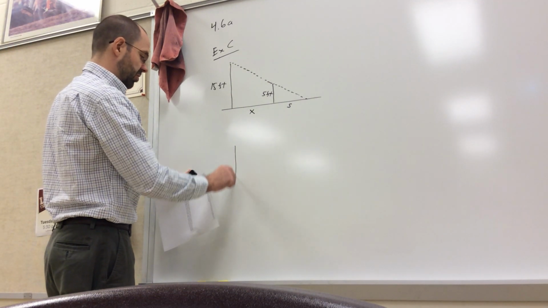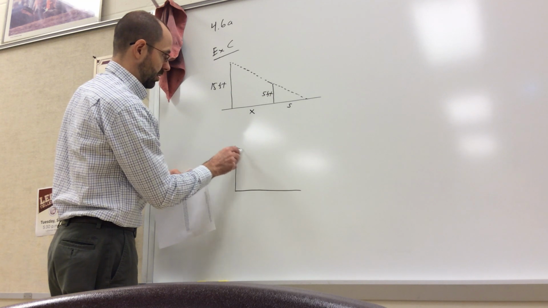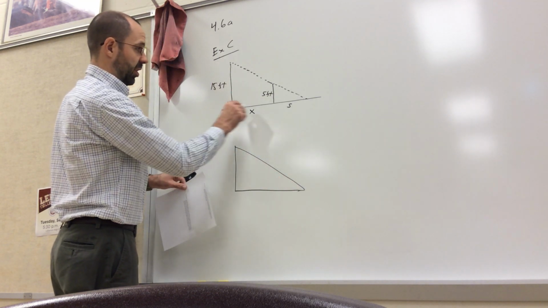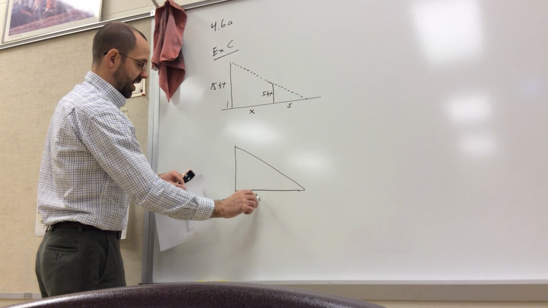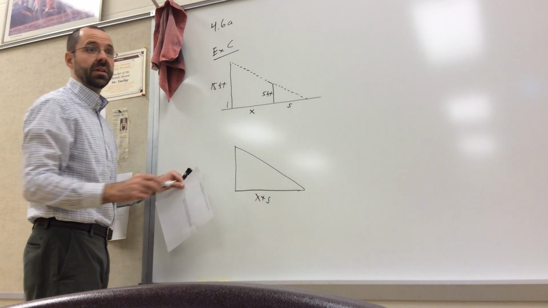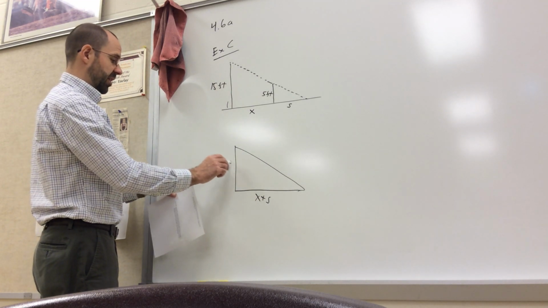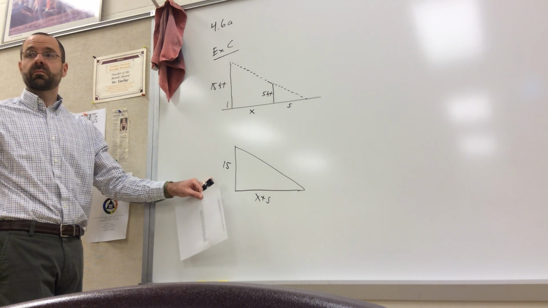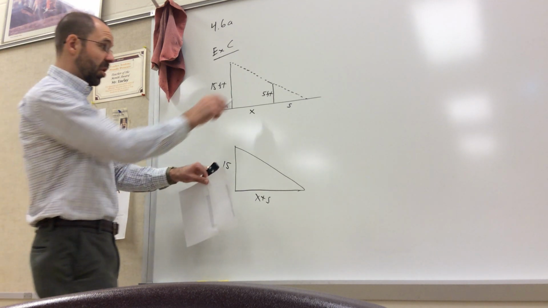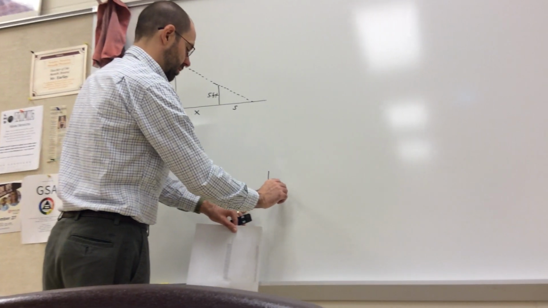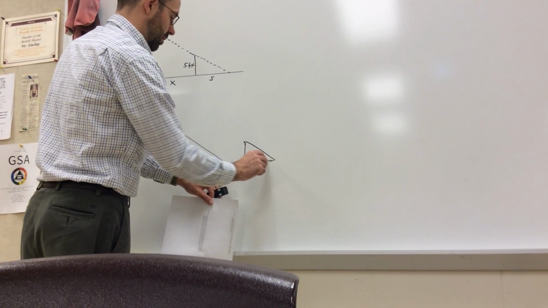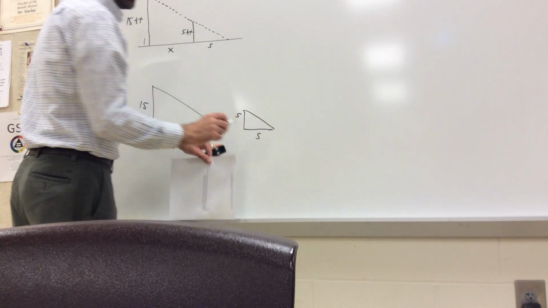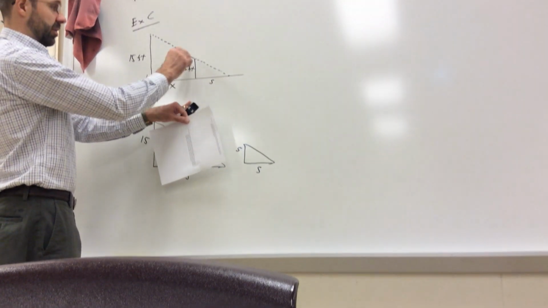So there's a large triangle. That's this one. That's x plus s on the bottom and 15 on the side. And then there's a small triangle. That's 5 here and s on the bottom. So that's this triangle.